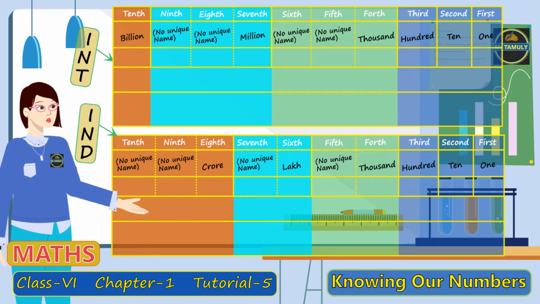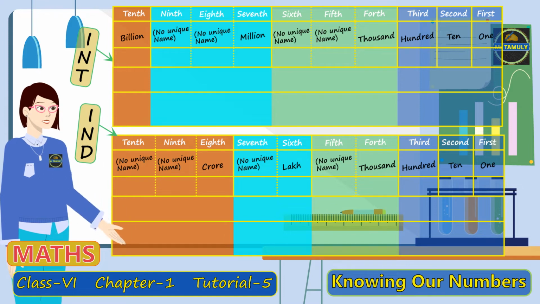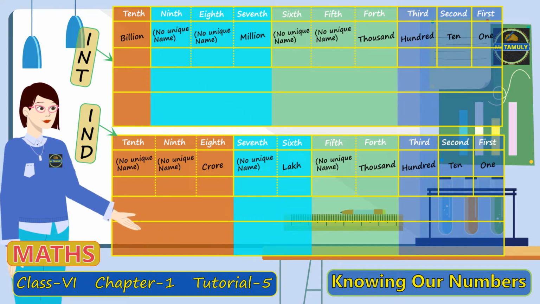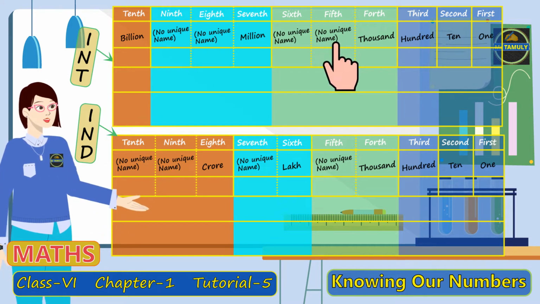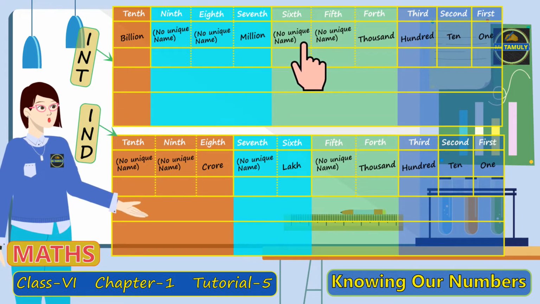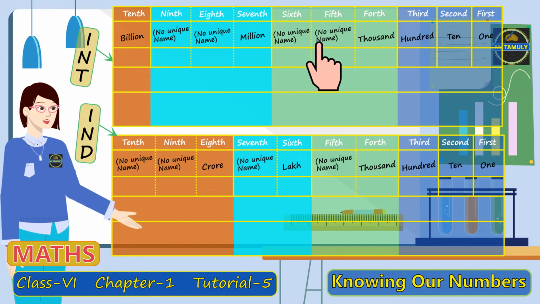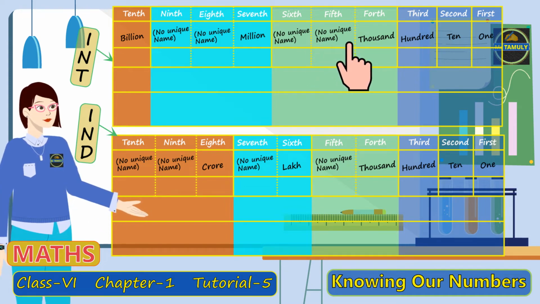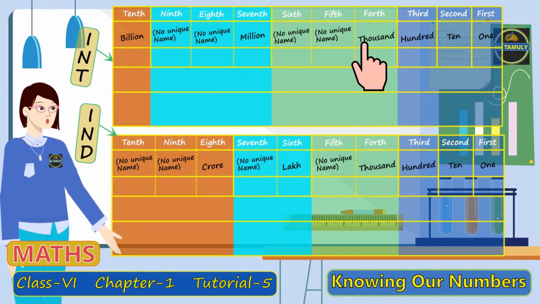Now, let's take a moment to carefully examine our table for naming numbers in the international method. As you can see in the international method, the 5th as well as the 6th position does not have a unique name. Therefore in the international method, the 4th, 5th, and the 6th positions are treated as a combined position having the name 1000.